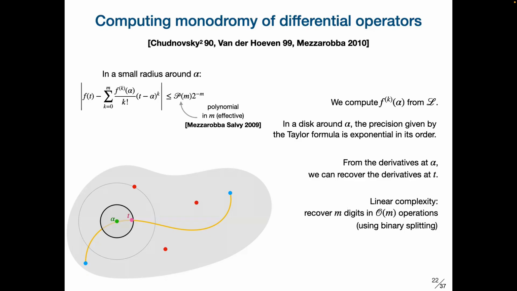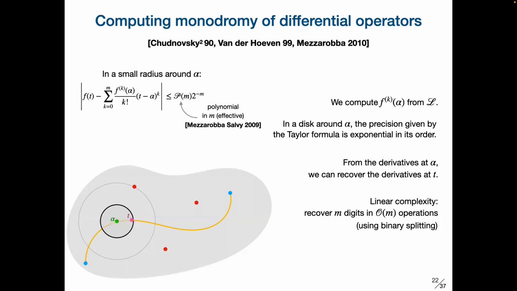again by Marc Mezzarobba. So it relies on something that you probably all know quite well, which is the Taylor expansion of a smooth function at a point, or analytic function at a point. The idea is you assume you know your function at some point alpha, and you know this function and the first few derivatives.